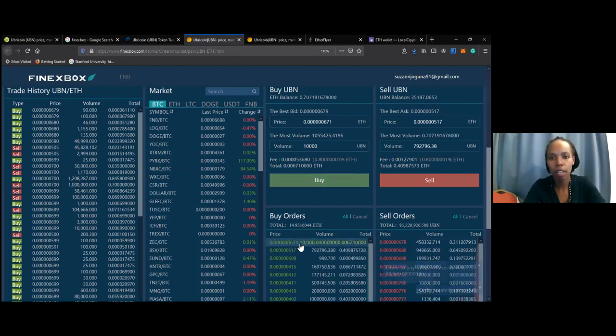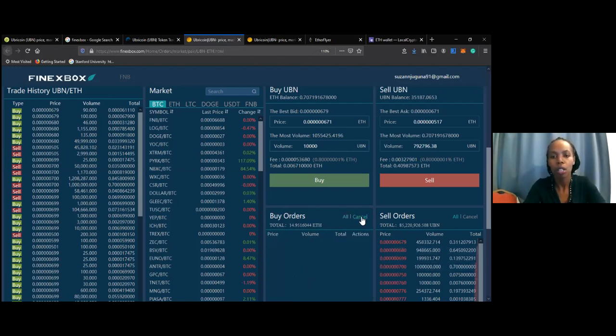So this means if someone else wanted to come and sell some UBNs, they are going to sell to you because you have the highest price on the buy orders, and they are going to sell to you at a cheaper price than that is already in the market. So if you want to see, this is what I was telling you. If you have an order in the market that you never intended to put, you just click on cancel here, and then you're asked to confirm.